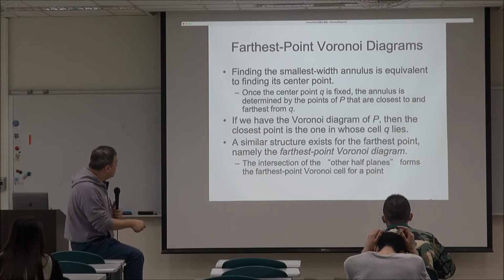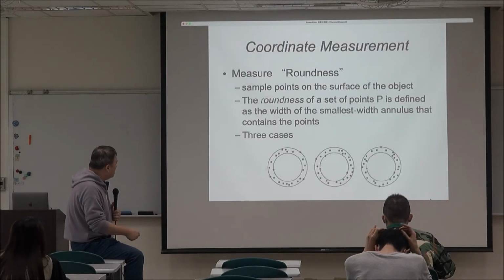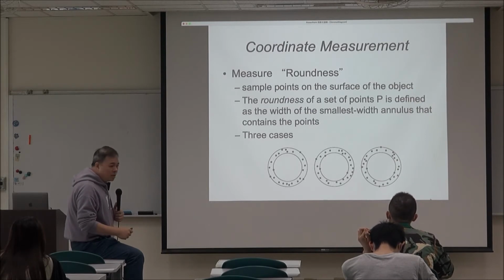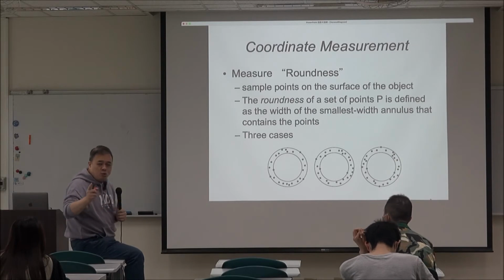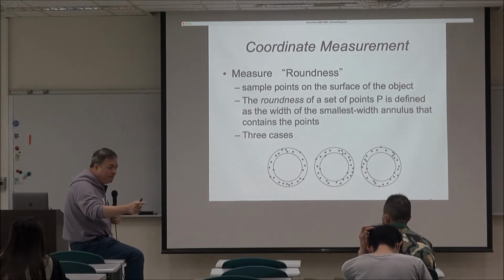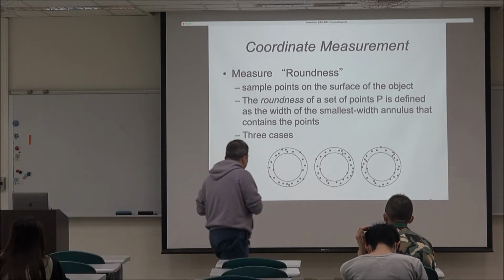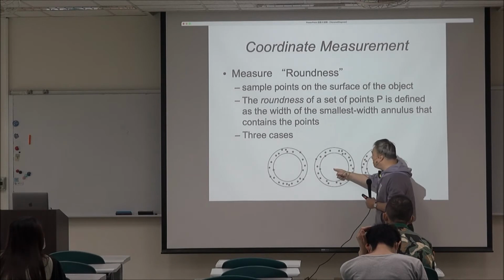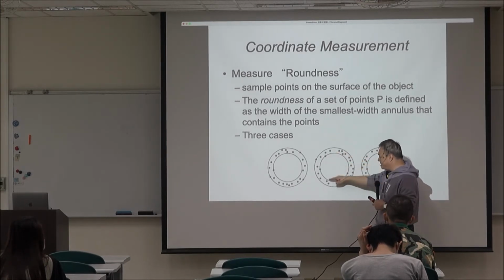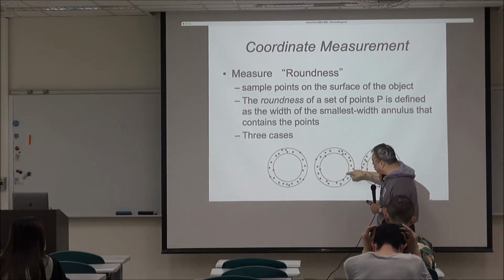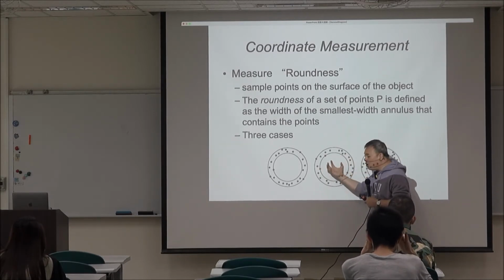Actually, let me try to explain the middle case a little bit closer. If you try to draw the Voronoi diagram, this center obviously has a circle event, right? Because it has the largest circle that goes through these 3 points without any point inside.